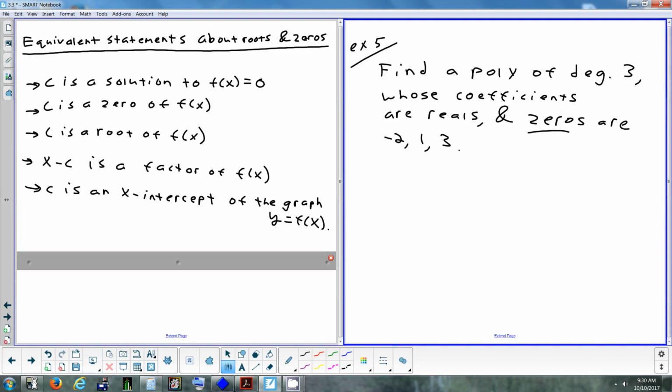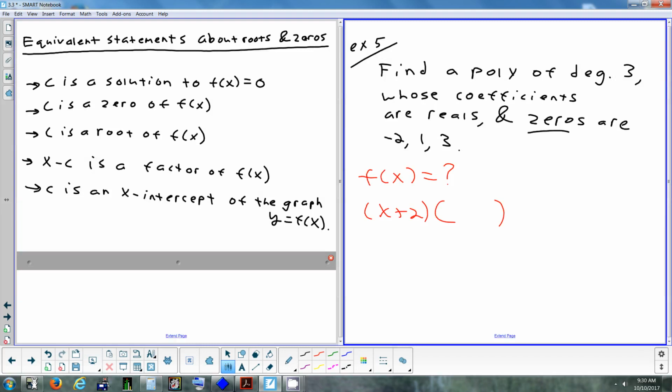If you know -2 is a root of f of x, okay? f of x is the goal. What is f of x in this problem? If you know -2 is a 0, can somebody tell me something else you would know? Yep? x plus 2 is a factor. Perfect. If -2 is a root, x minus -2 has to be one of the factors.